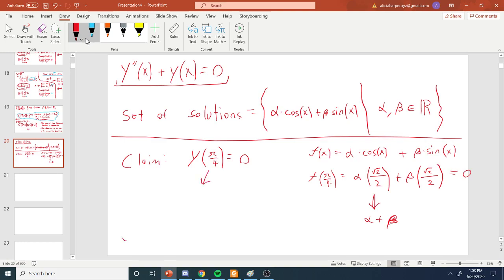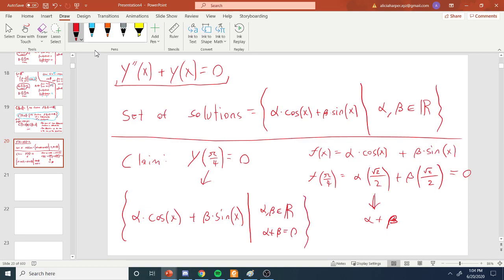So this initial condition corresponds to the set of solutions alpha times cosine of x plus beta times sine of x, where alpha and beta are real numbers and alpha plus beta is equal to 0.